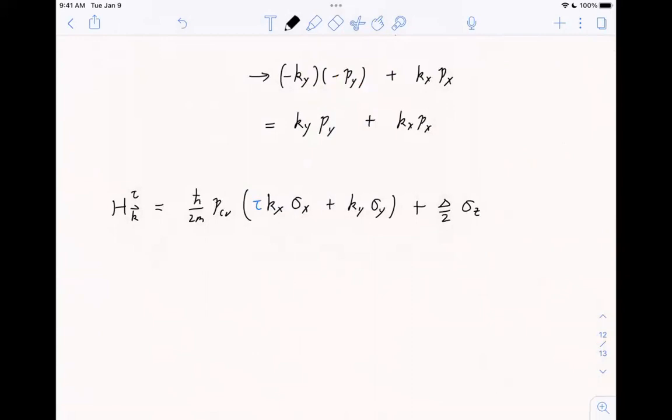Okay, and you can set this equal to A T. I want to make a connection.